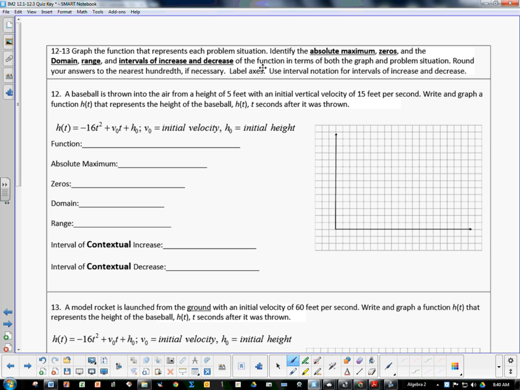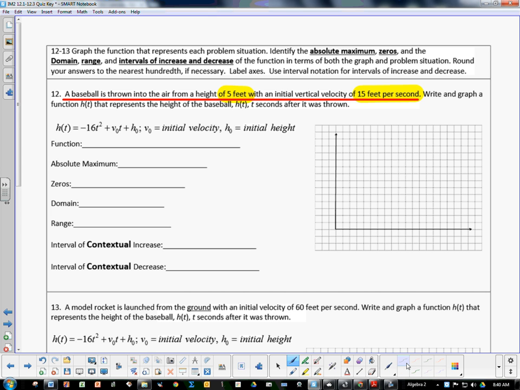Reading this problem. Follow along here. It says a baseball is thrown into the air from a height of 5 feet with an initial vertical velocity of 15 feet per second. I'm going to highlight both of those, very important. So we've got 15 feet per second, and we have 5 feet as our initial height. So let's start to write this.